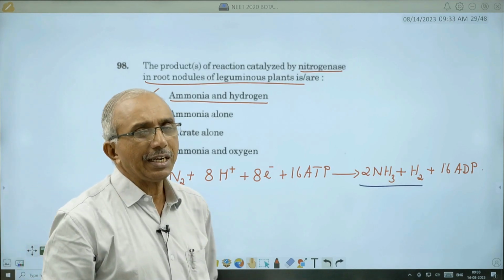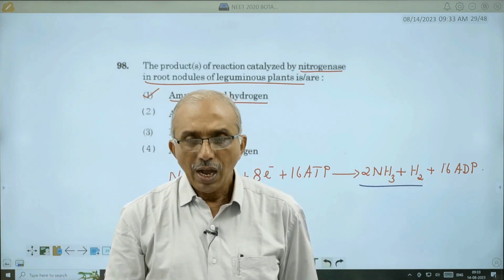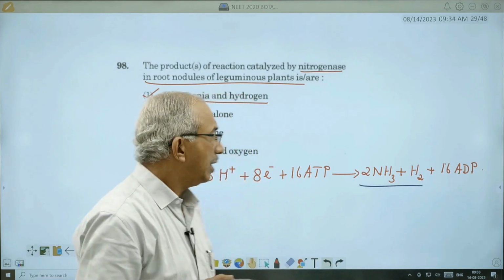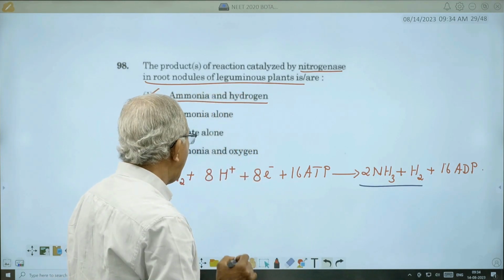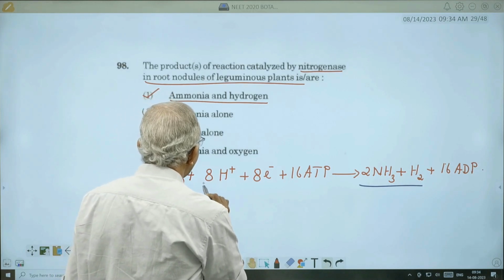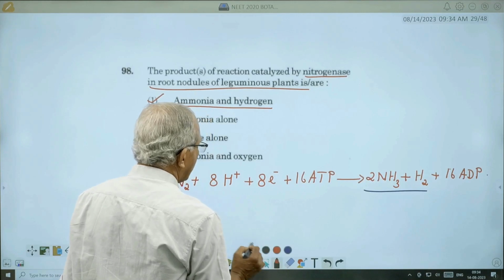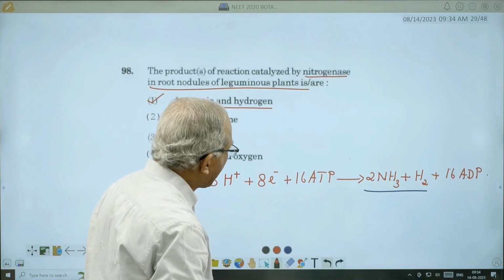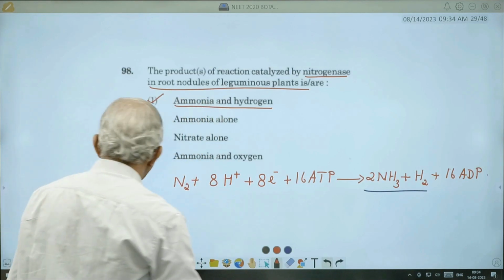Here 4 hydrogen atoms participate, that is represented by 8. This represents the product of nitrogen fixation.